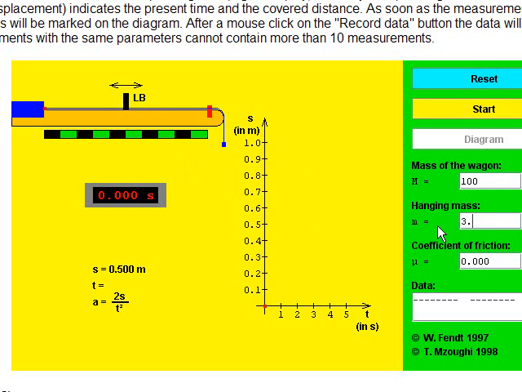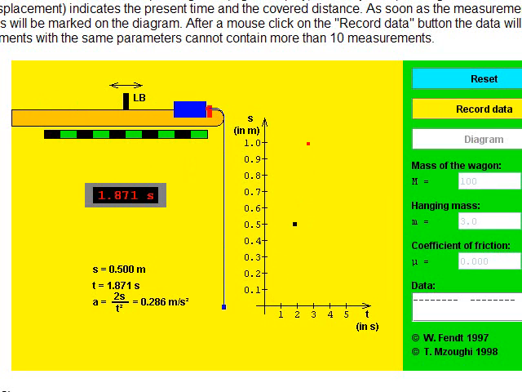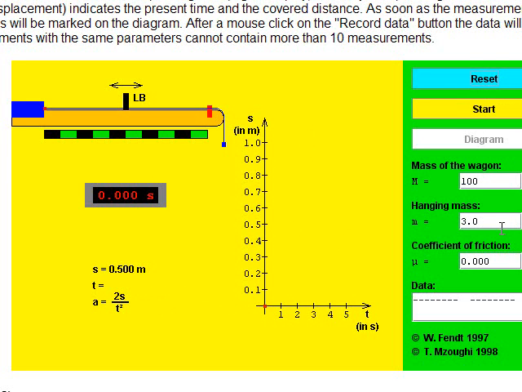Then 3.0 grams, I do this really similar in the face-to-face lab, 1.871 seconds. It's pretty much just me doing it, besides I also just have one air track anyway.